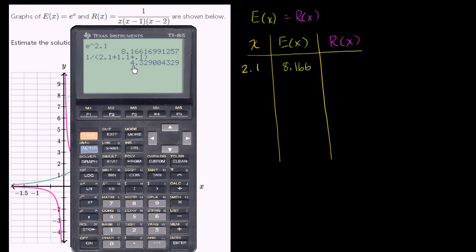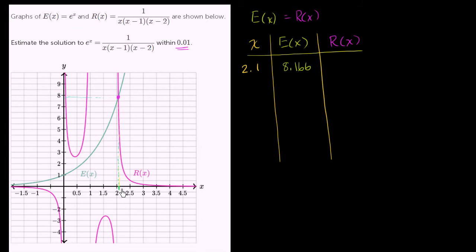Did I do that right? No, that can't be. It's 2.1 over 2.1 times 1.1 times 0.1. 1 over all of that. So that's 4.32. I guess that's possible.